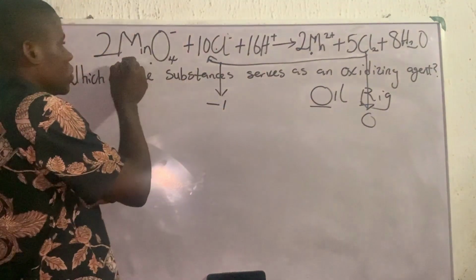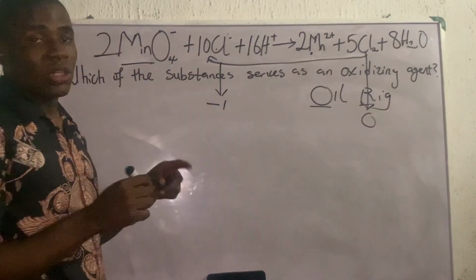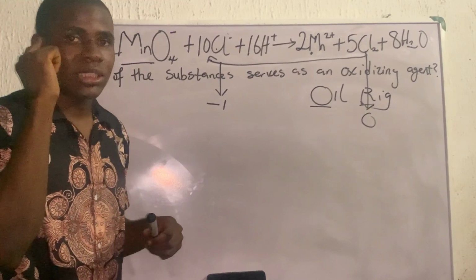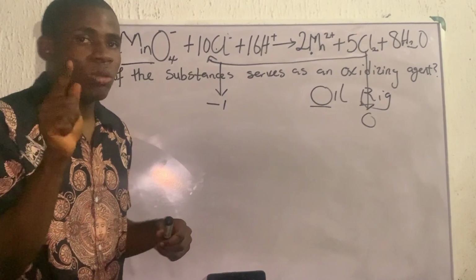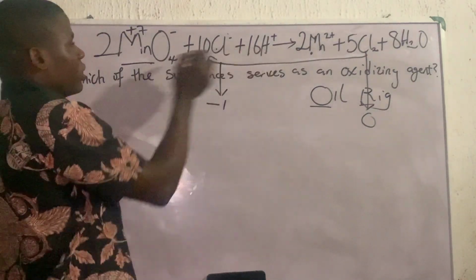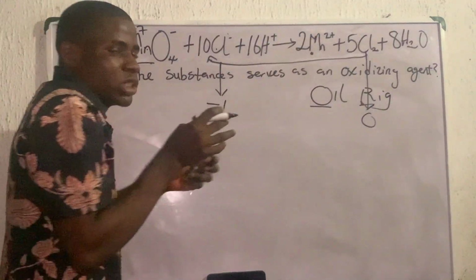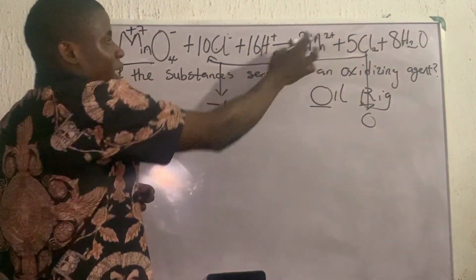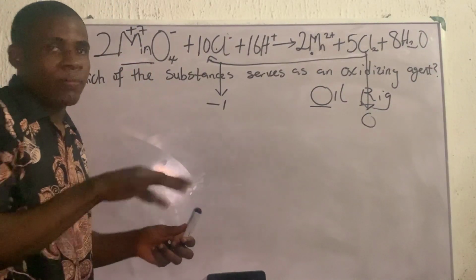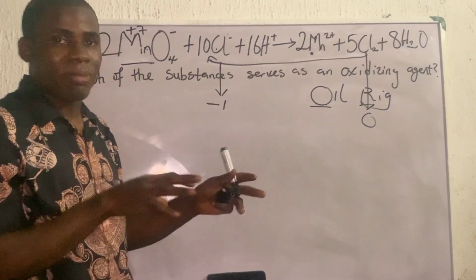Now let's consider the last one, which says MnO4 minus, tetraoxomanganate(VII) ion. Tetraoxomanganate(VII) means that the oxidation number of manganese here is +7. We should equally relate it to this one that has something to do with it. What's the oxidation number of manganese here? It is +2, right? During the reaction, initially the oxidation number of manganese is +7. After the reaction, its oxidation number is now +2.